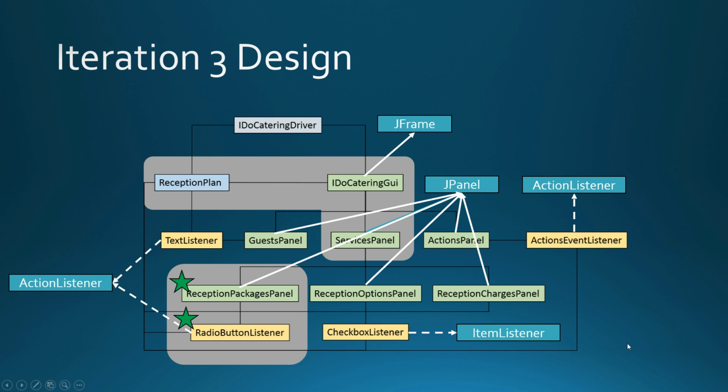With respect to our design, we're going to completely implement the reception packages panel and its associated event handler, the radio button listener. We're also going to partially address the services panel view component, adding that to the iDo Catering GUI. And as I said, we're going to add a data member to the reception plan.